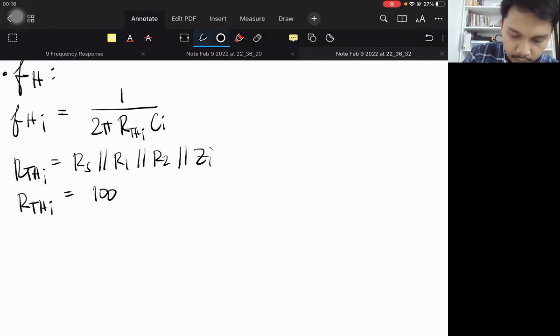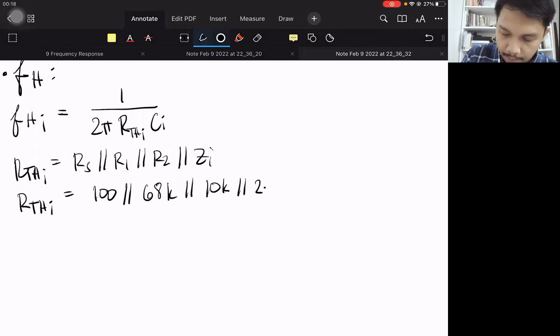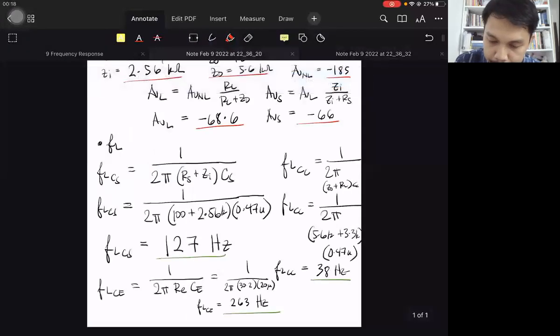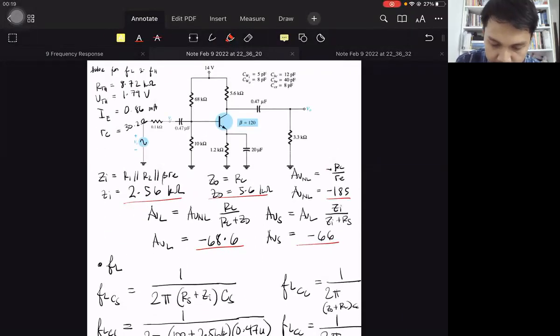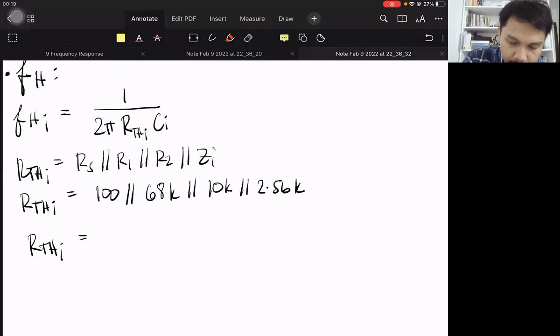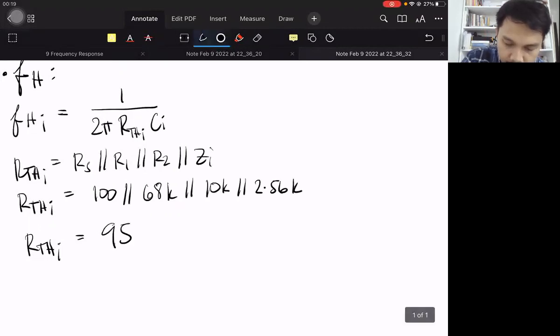RS is 100 ohms, R1 is 68K, R2 is 10K, ZI is 2.56K. Computing this gives about 95 ohms.